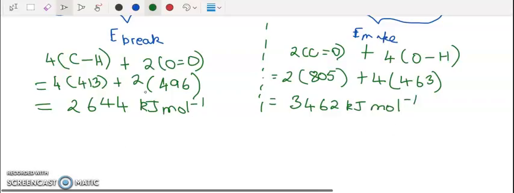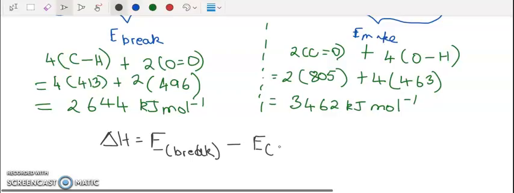So, now we're going to use this formula where delta H is the energy needed to break minus the energy needed to make. So this is the energy needed to break and this is the energy needed to make.